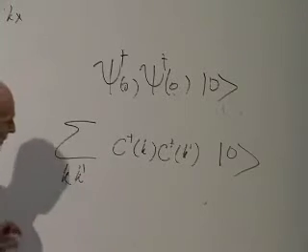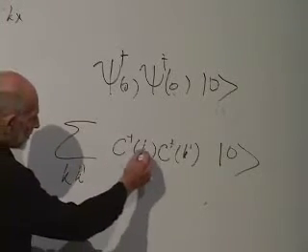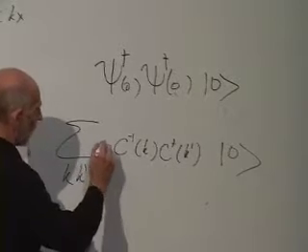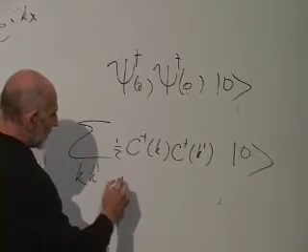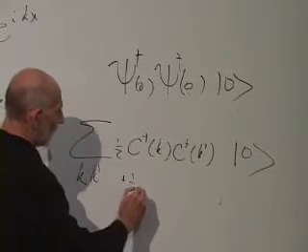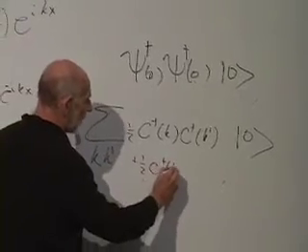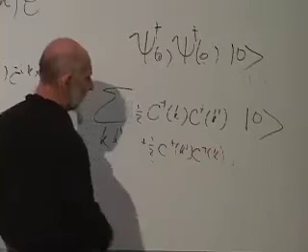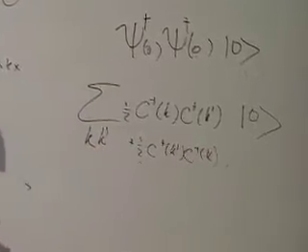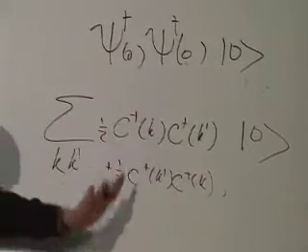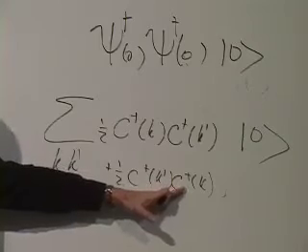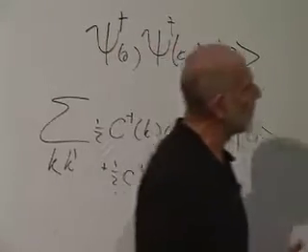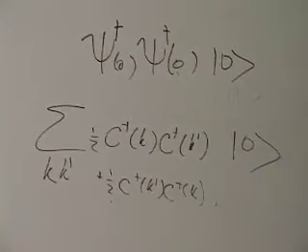You can rewrite this in the form 1/2 c plus of k prime, c plus of k plus 1/2 c plus of k prime, c plus of k, because it's under the summation here. But this is just the anti-commutator of two c pluses. Anti-commutators of c pluses are all equal to 0.